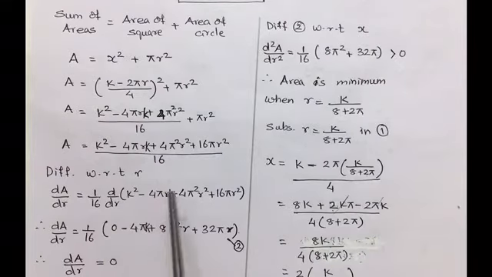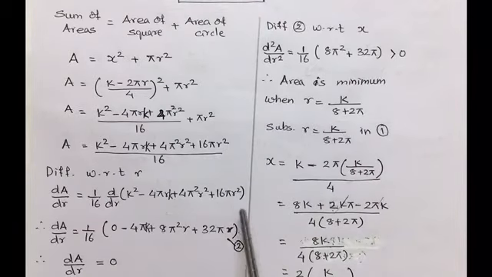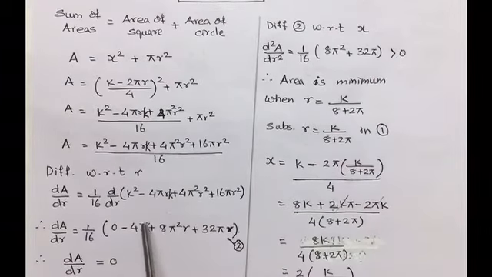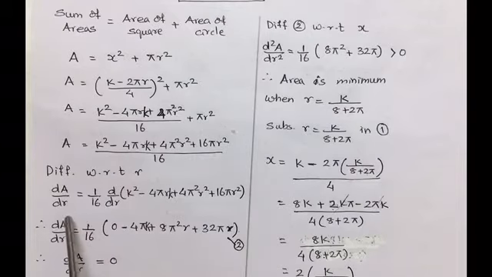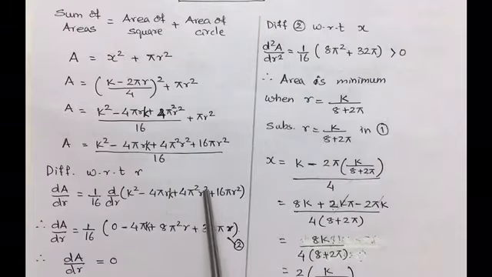Now calculating it by taking out the derivative, that is differentiating with respect to r, we get dA by dr as 1 upon 16 d by dr of this whole term to be differentiated. So derivative of r becomes 1, k square is constant, so 0. Derivative of r square is 2r, so it becomes 8 pi square r. R square derivative is 2r, so that makes it 32 pi r, which is being marked as statement number 2.